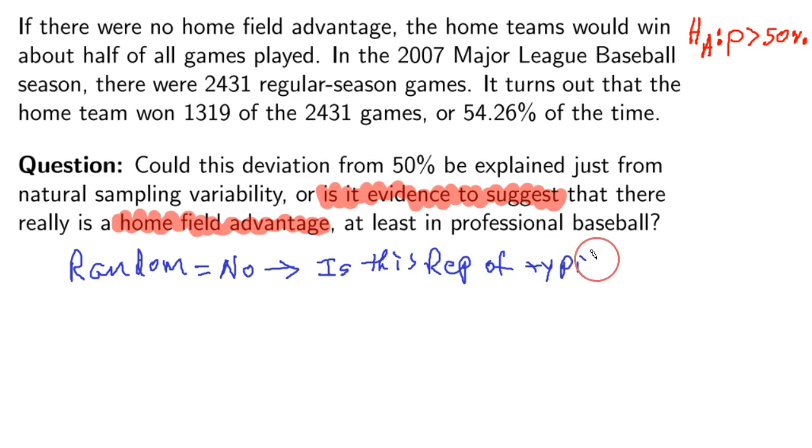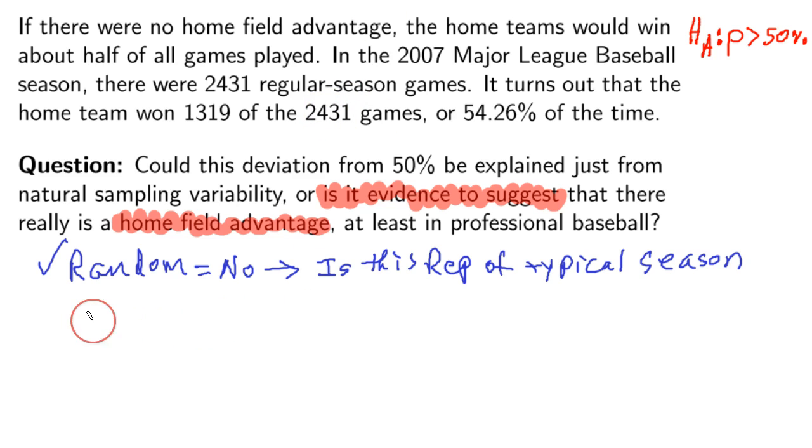And there's nothing in the problem that says that this was an atypical season. So we can go ahead and say because this season is representative of any other season, it's okay that it's not random. So this actually is still going to pass as a random check, even though it's not technically random.